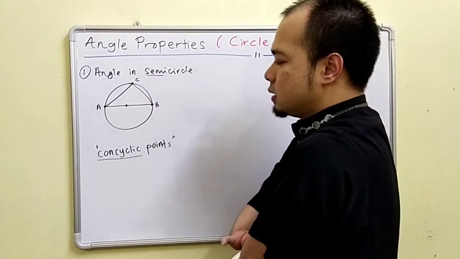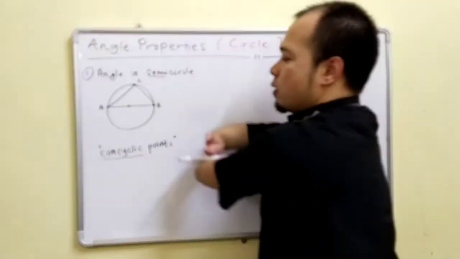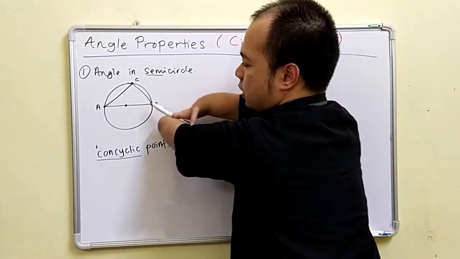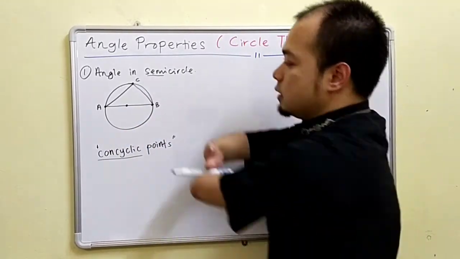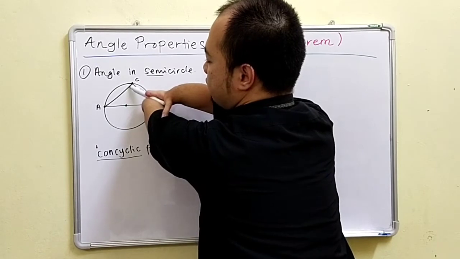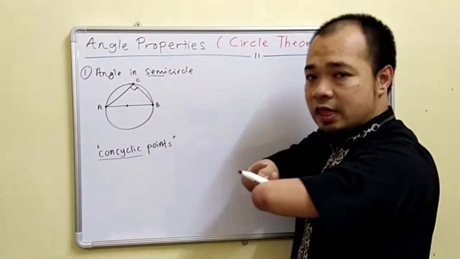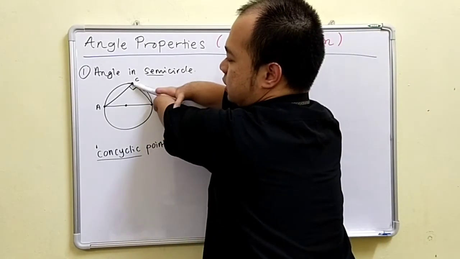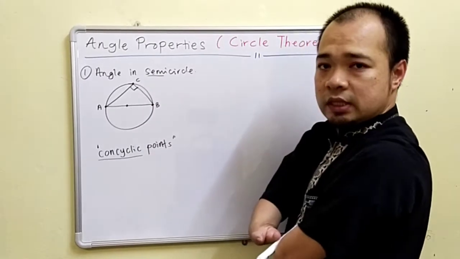What is special about this triangle? When you have one diameter and you connect A to C, B to C, automatically the angle formed over here will be 90 degrees, with the condition that point C must lie on the circumference.